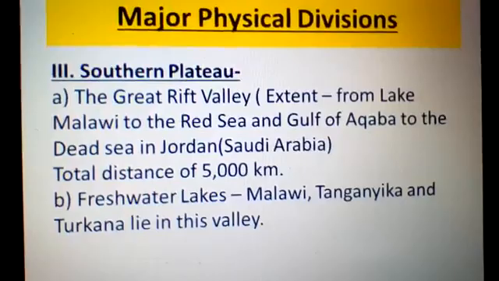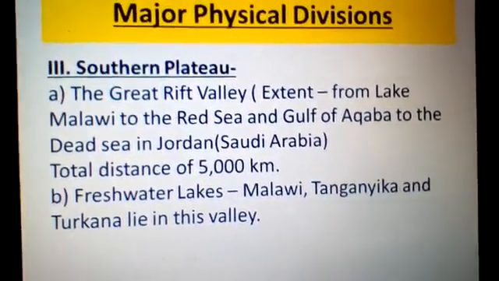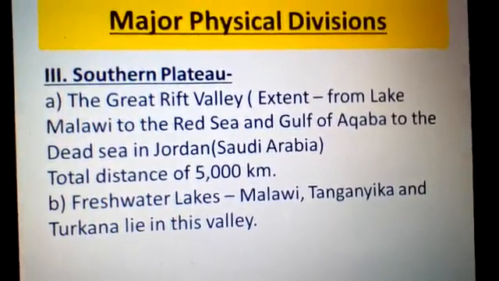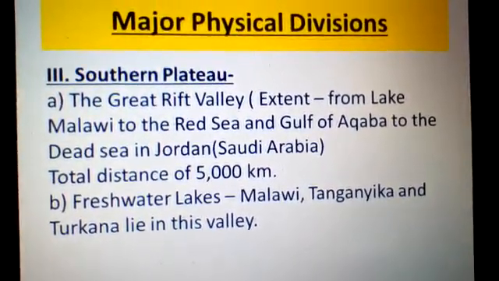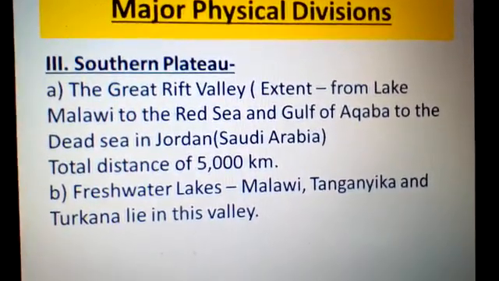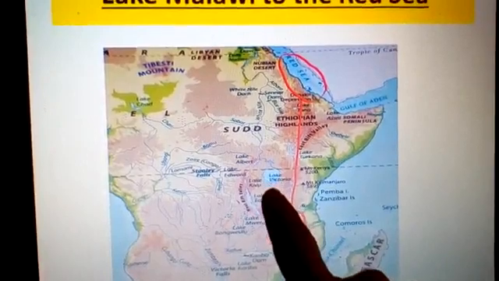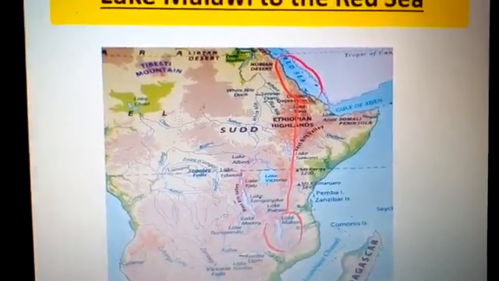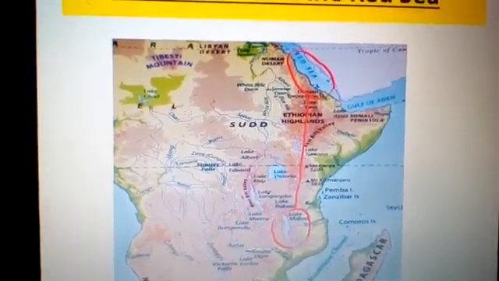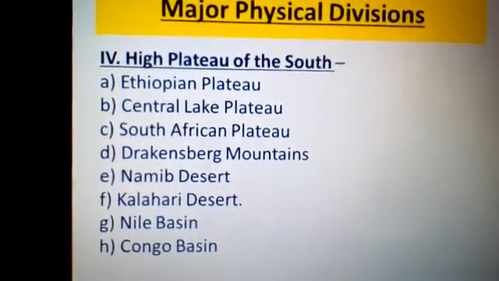Very, very important to learn and understand, to know the difference in which area which lakes are present. So we first need to understand Lake Victoria. Although in the same area it looks as if it is there, it is not a part of the rift valley.